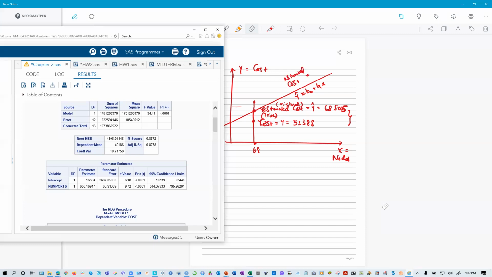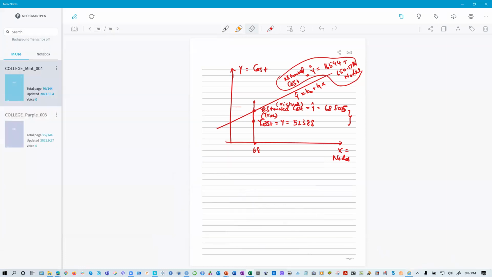As an equation, estimated cost, which is y hat, equals b0, which has been given as 16,594, plus b1, 0.117. I'm going to keep it in decimal places, times nodes. Every time you plug in the number of nodes, that will give you the value for your y hat. That's the y hat value you're going to see on this table.